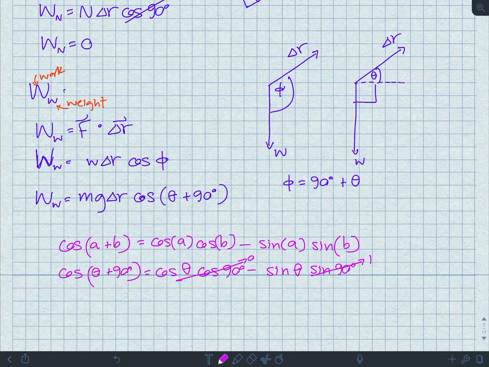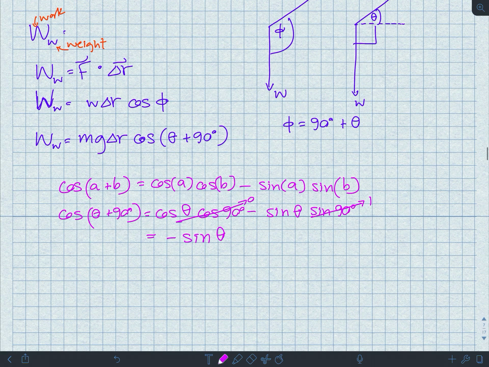So all of this turns out to just be equal to negative sine of the ramp angle, theta. Okay, so we can make that substitution in our expression here. So mg delta R, and this is the negative sign, so negative sine theta. So that is the work done by the weight.